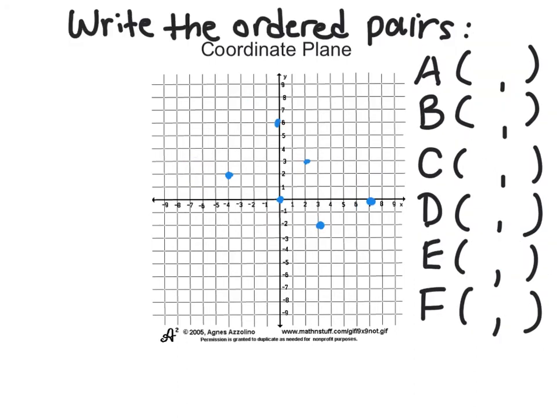All right, so go ahead and plot these points on your graph, on your coordinate paper, and then write in the x and y values, write in the ordered pair values. Okay, so I've plotted the points for you.